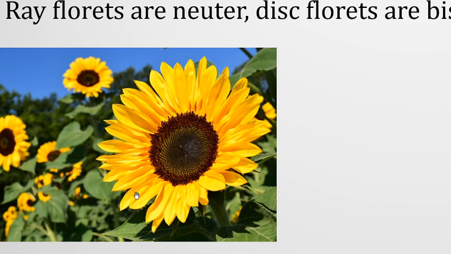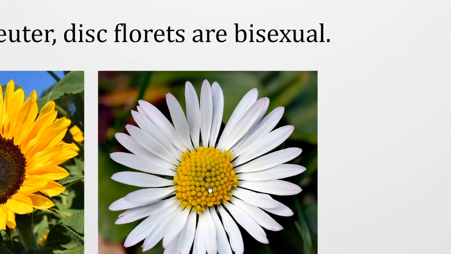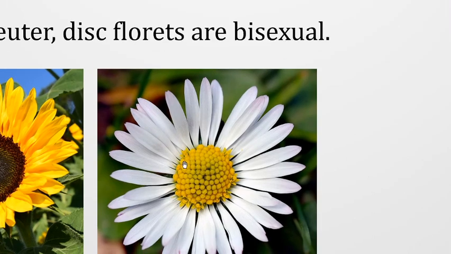Inside, at the center of this inflorescence, it contains disc florets, and at the outer circle it contains ray florets. Also in daisy, this yellow part is the disc florets, and the white parts are called ray florets.